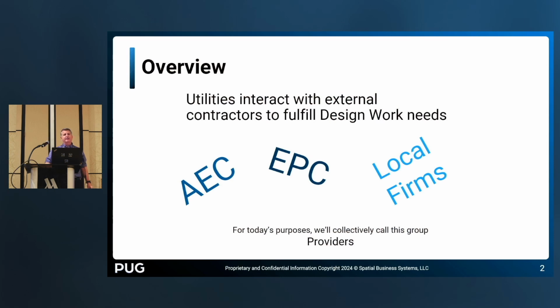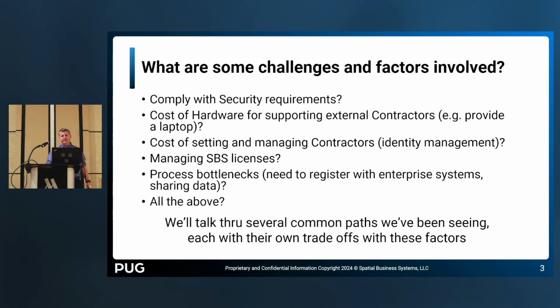So obviously, everyone interacts with external contractors. There's just too much work to be done. We cannot keep up with just internal groups. Some of the challenges that are inherent in doing that, and feel free to add more if we are missing any. We've heard complying with security requirements can be a challenge. Cost of hardware. Some companies require external contractors to have hardware that they provide.